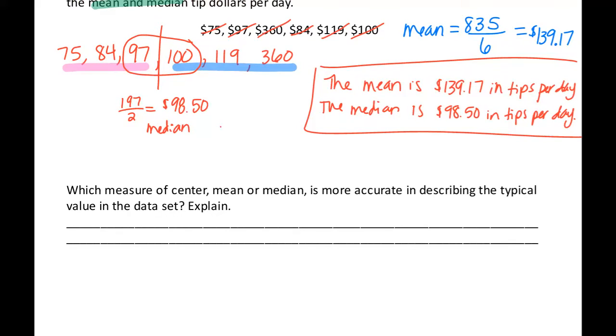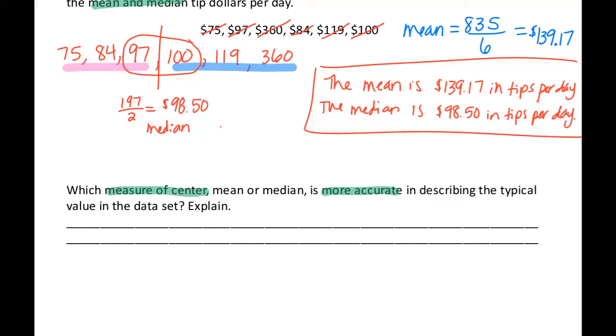So my question here is, which measure of center, the mean or the median, is more accurate in describing the typical value in a data set? And so which one is more in the center? That's actually the median, not the mean, because the mean ends up being larger than most of the data except for one.